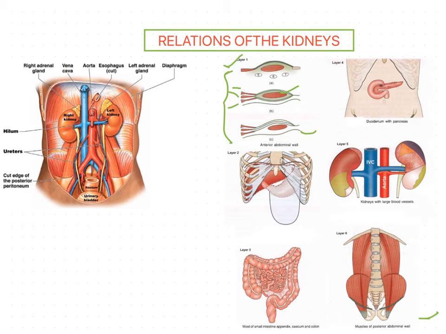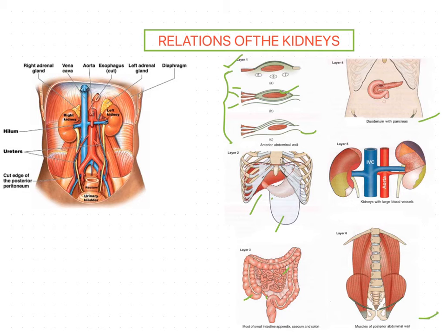In layer 2 we can find the liver, stomach and the greater omentum. In layer 3 we can find most of the small intestine, appendix, cecum and the colon. In layer 4 we can find the duodenum with the pancreas.